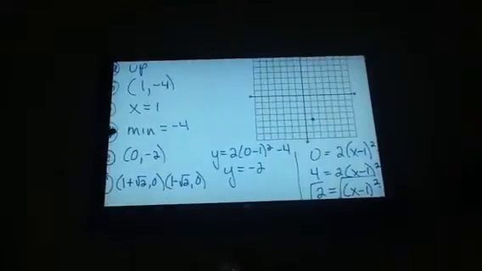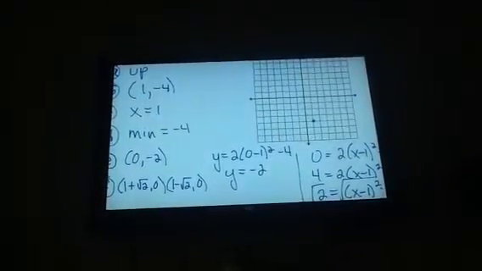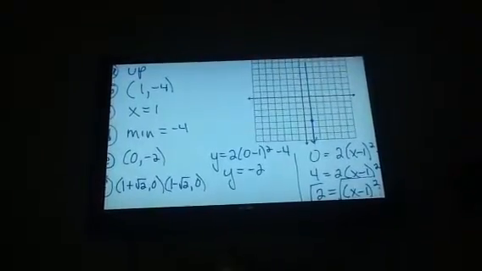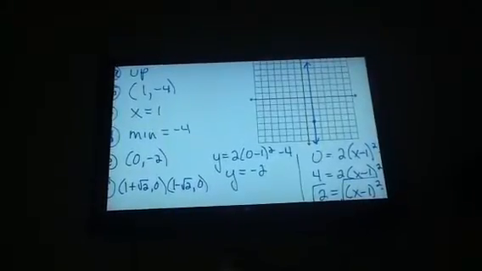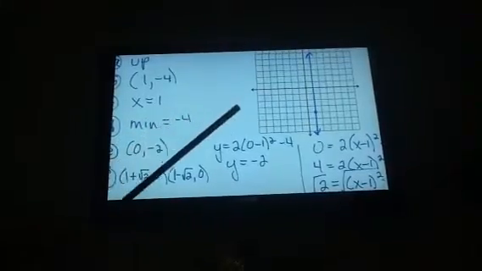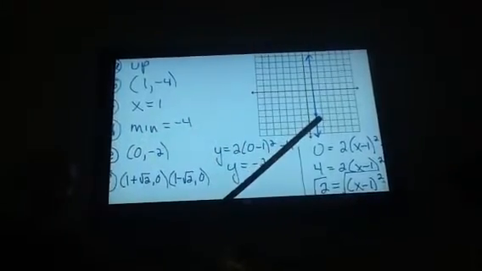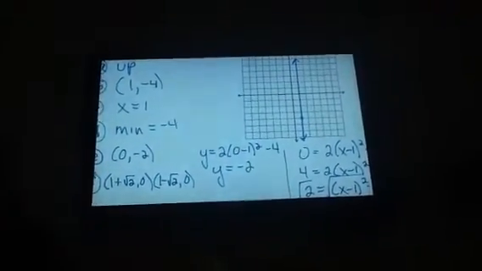So my line of symmetry is a vertical line through the vertex. So we know it's going to look the same on both sides. Your minimum is part of your vertex, so that's not a separate graph. Your minimum is graphed in your vertex, so you don't have to graph that separately.